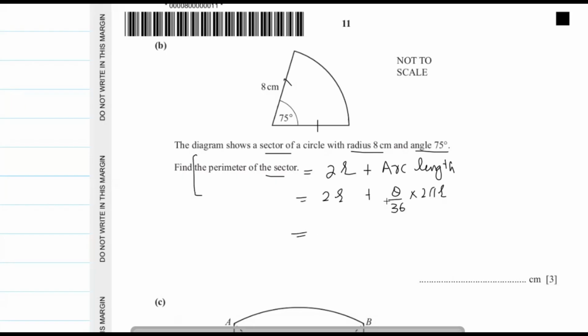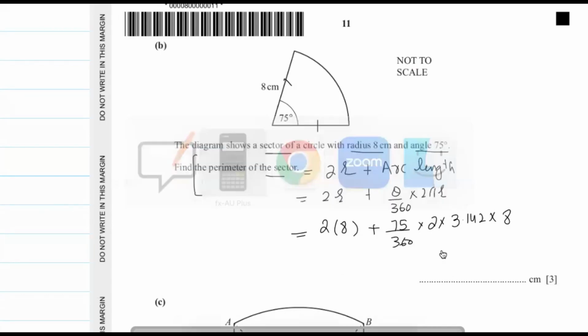We write the value of r here. This value is 2, r is 8. We write 2 into 8 plus theta is 75. We write 75 over 360 multiplied 2, pi value is 3.142. The radius is 8, we write 8, and we can calculate this value.